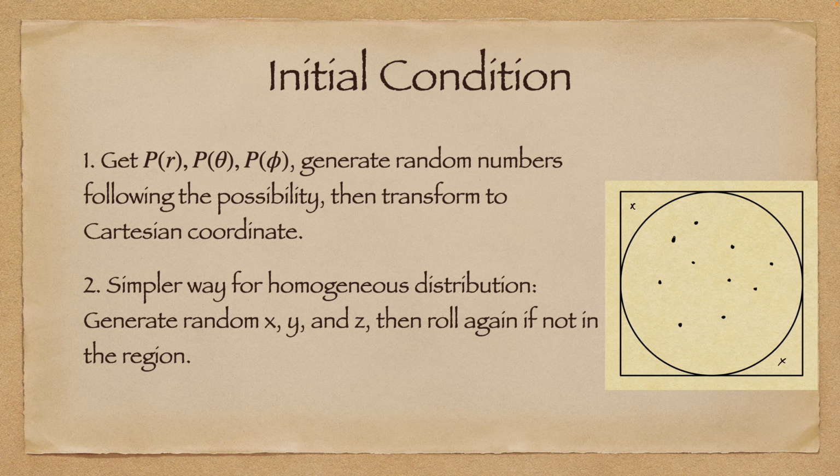If the particle is not in the region you want, like this x, you can roll it again until it is inside the region you want, and you do it again and again until the total number is satisfied.